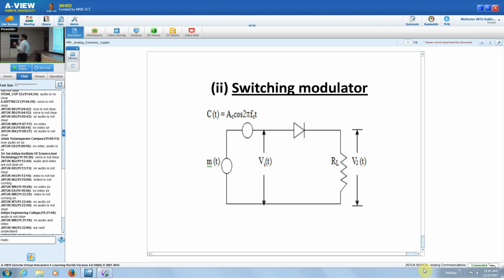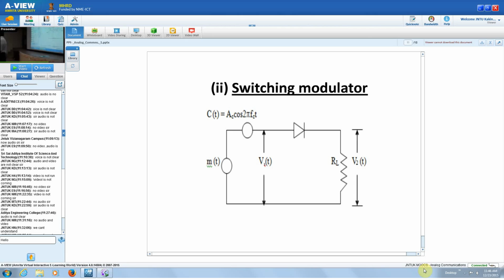That means a typical diode characteristic will be something like this. For negative values, it is 0, and once you have positive, you have full current. This is the resistance characteristic of our diode.